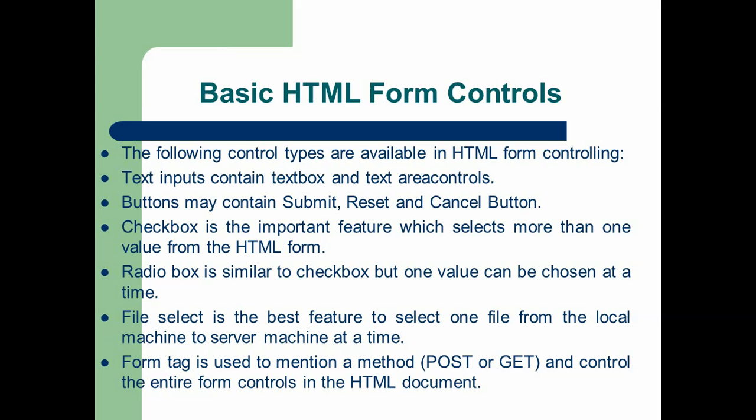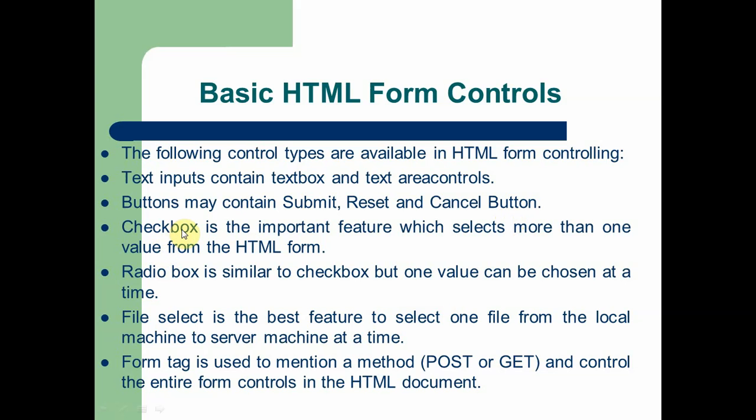So first we want to understand the client-side programming, that is HTML controls. Number one, text is the first control normally used by HTML forms. It accepts text, and also a text area. Buttons: HTML forms accept three types of buttons. They are submit, reset, and cancel.